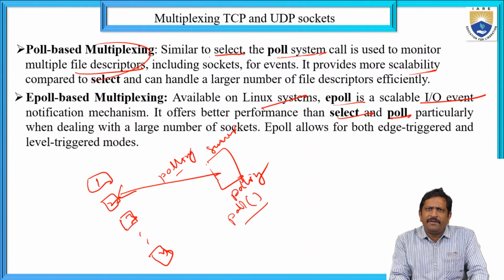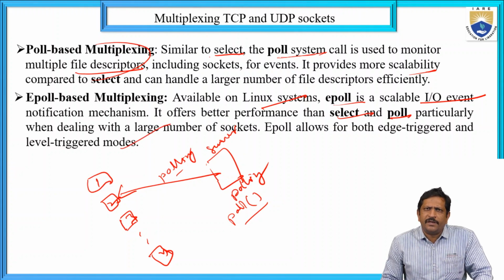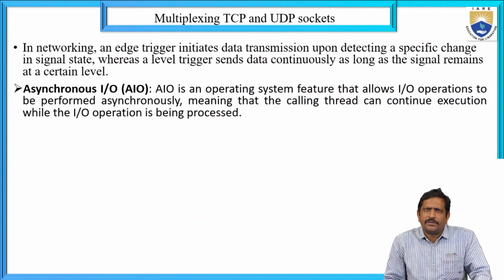Particularly when dealing with a large number of sockets, epoll allows both edge triggered and level triggered modes. So this is about epoll-based multiplexing, which is better than the select and poll system calls.